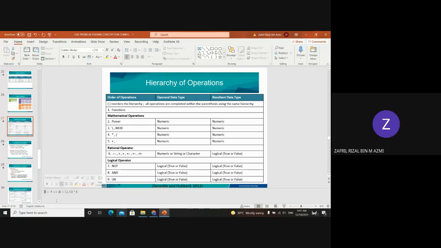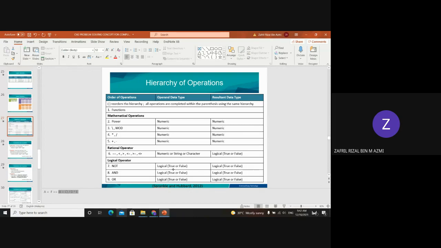Anywhere your equation involves a relational operator or logical operator, the final answer is going to be true or false, not numeric, because the output for relational and logical operators is true or false. For example, here F equals 1, so this is equal to 1. Is 1 equal to 1? True. So A equal to true. Okay?